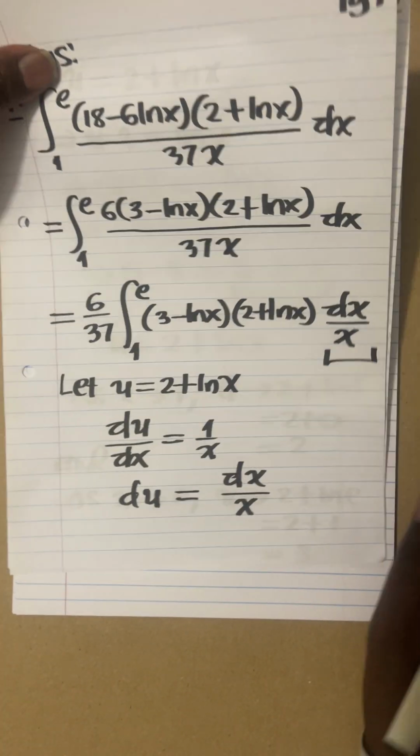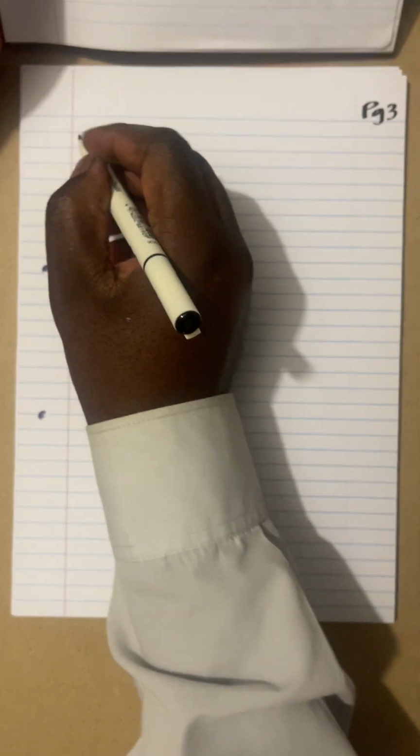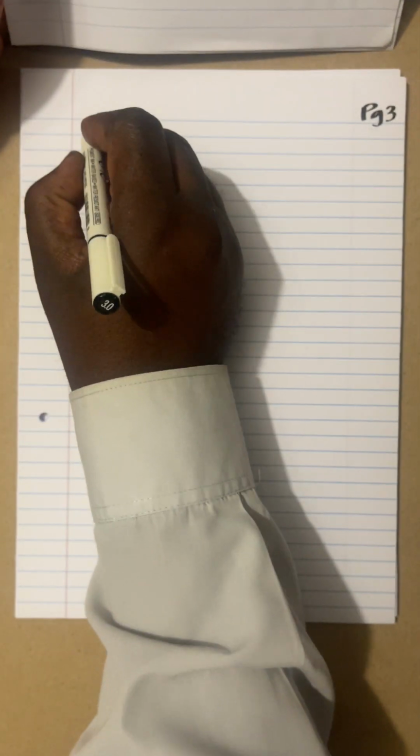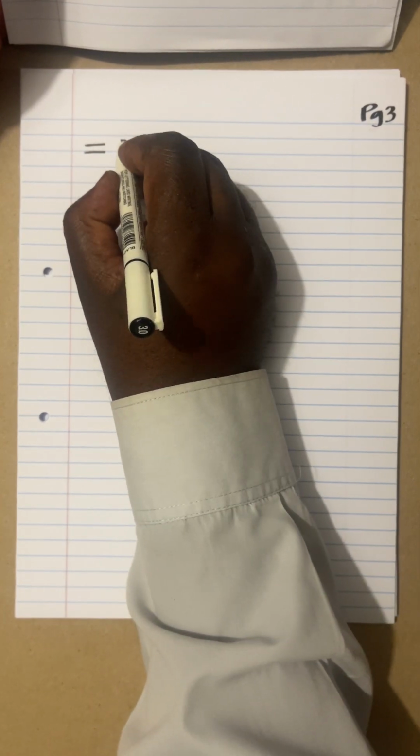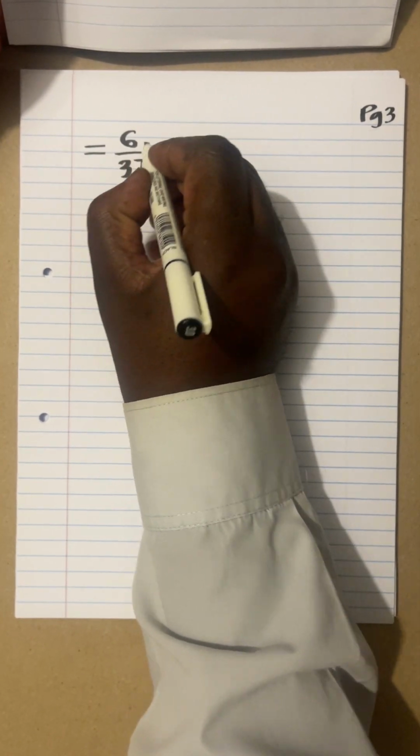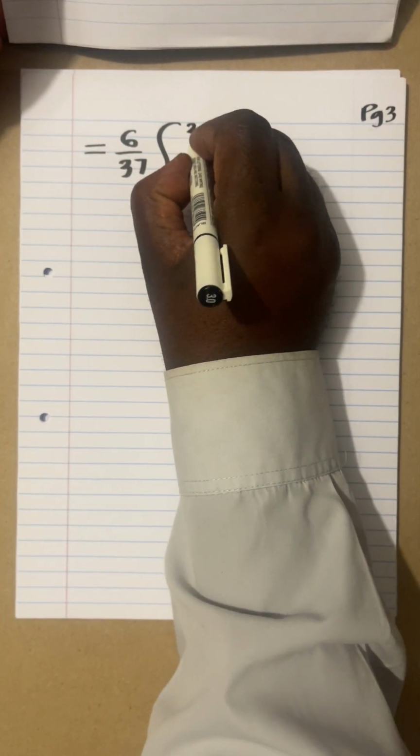On page 3, we're now going to say our integral now must change. So we're now going to say this is equal to 6 over 37, the integral from 2 to 3, like I told you.